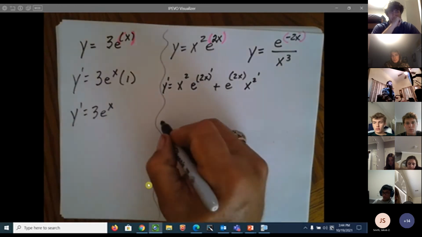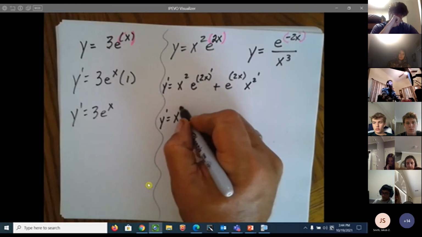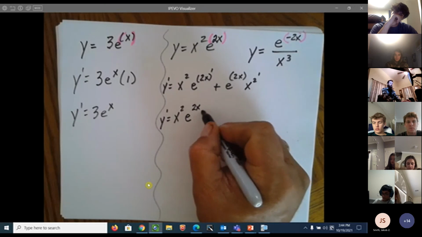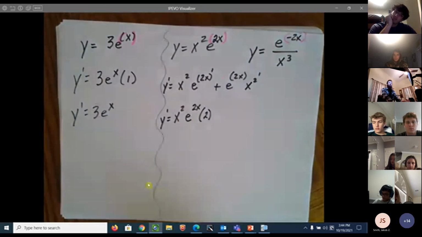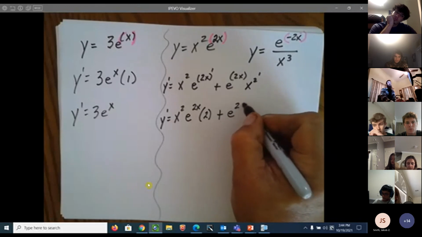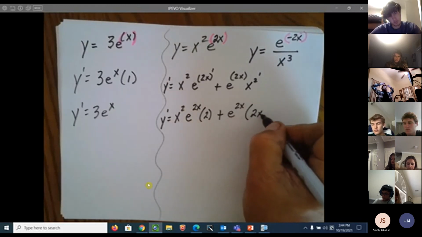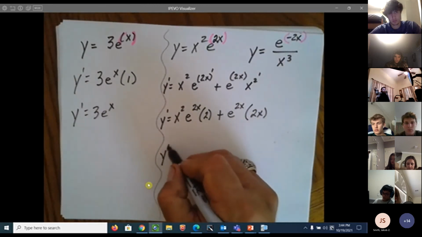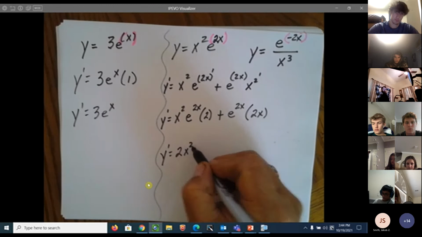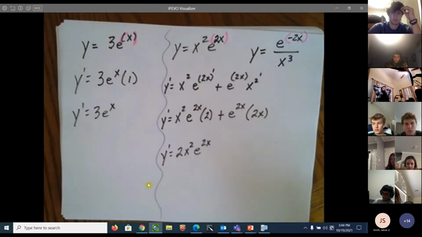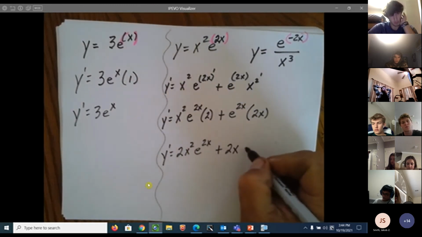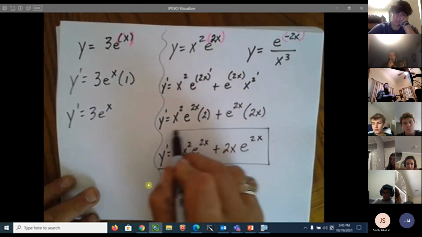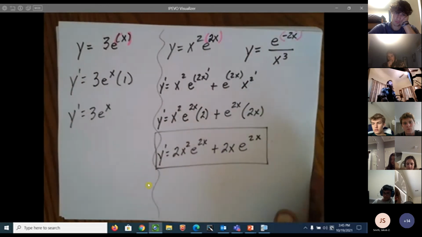So y prime is equal to x squared e to the 2x times 2 plus e to the 2x times 2x. So 2x squared e to the 2x plus 2x e to the 2x. And you could factor out, I'm not worried about that. That's the answer.